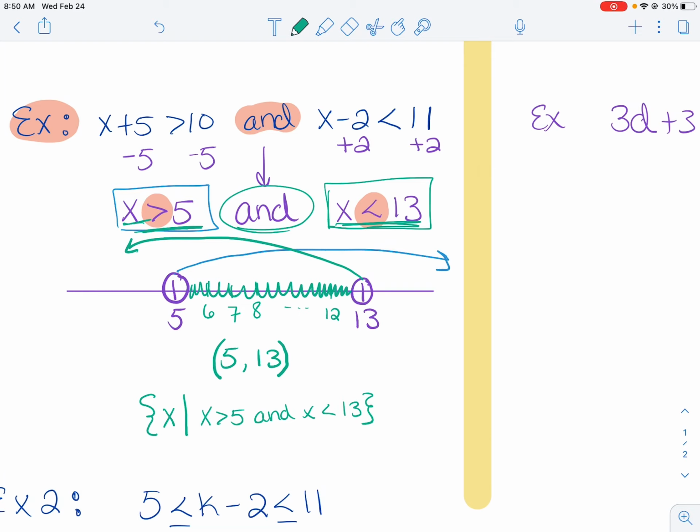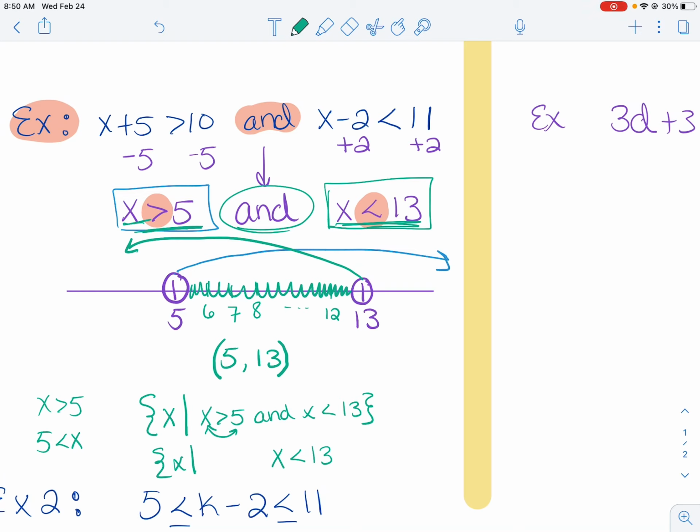So actually with intersections, with ands, we can combine them into one statement by putting x in the middle and saying, okay, x is less than 13, and then flipping this second inequality. So instead of us saying x is greater than 5, really saying 5 is less than x, all right?